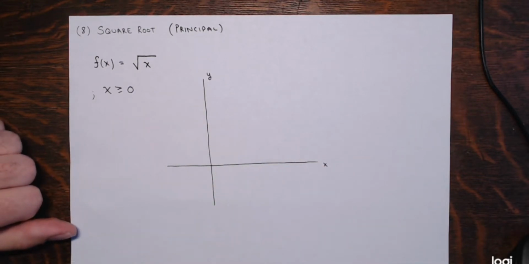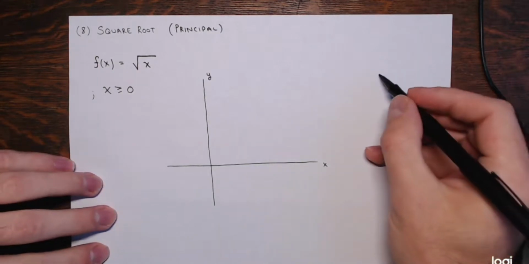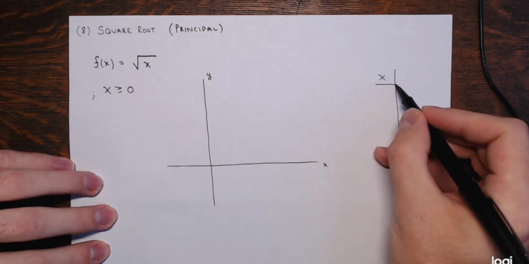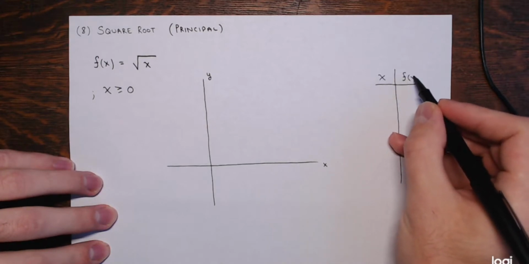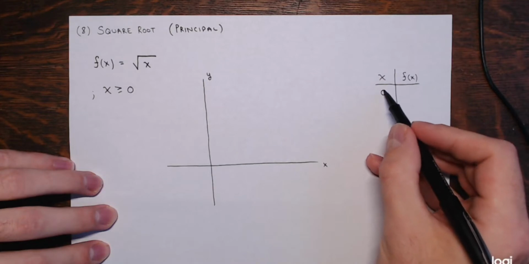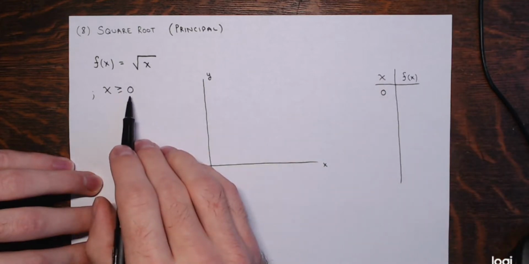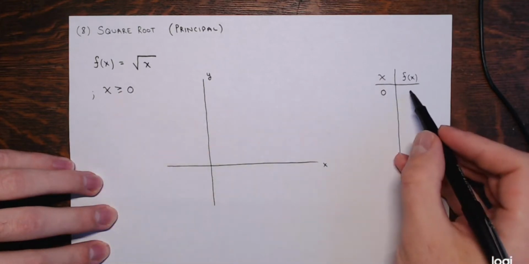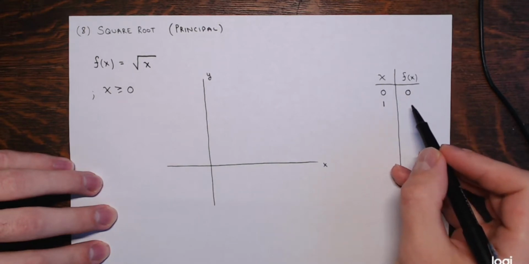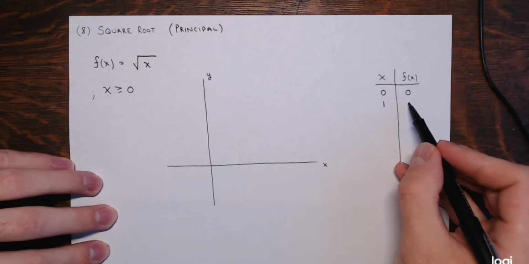Okay, so that'll help me make my table. Start with 0. Now the square root of 0 is 0. If I plug in 1, the principal square root of 1 is 1.